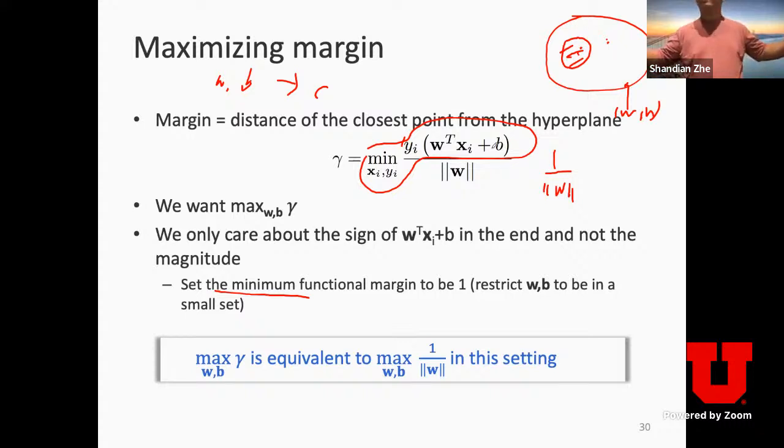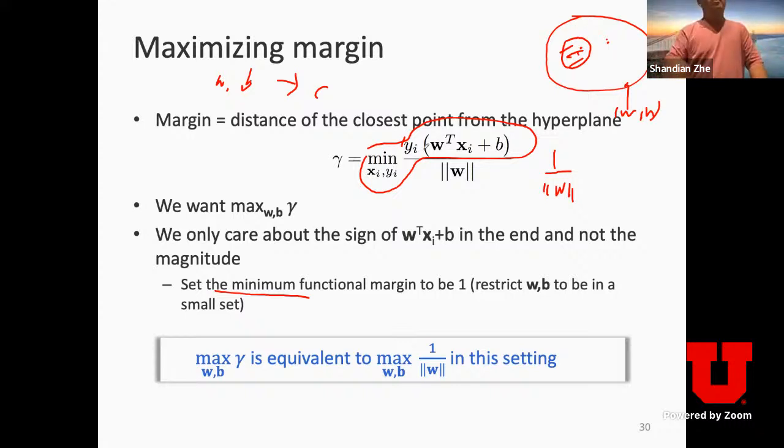Doing this is very simple, because you just need to divide W by something. For every possible W, B, you skew it to some extent, and your minimum function margin will be 1.